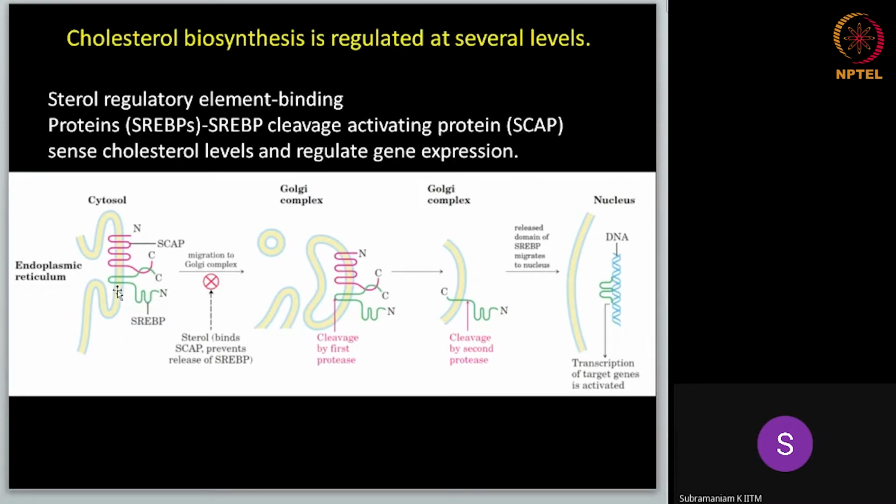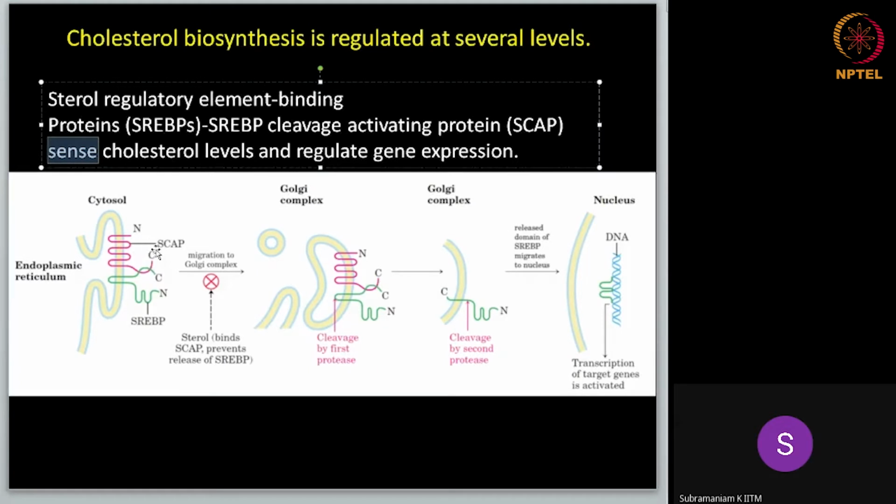And this is in complex with another protein called SREBP cleavage activating protein, or SCAP. When these two together are anchored on the endoplasmic reticulum, they are inactive. And SCAP is the one that senses cholesterol. So it binds cholesterol essentially.